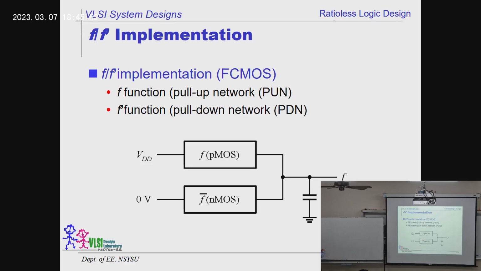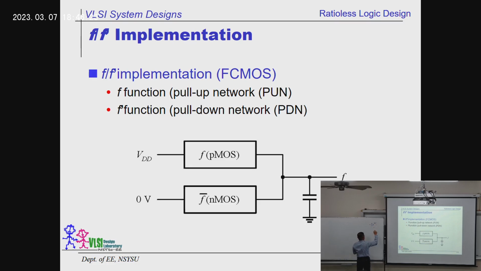We have several simple rules. For example, for an inverter we'd like to have 1 versus 2. Let's assume the size I'm talking about is the width. The width of the P transistor must be twice as large as that of the NMOS transistor, because the mobility of holes is only half or maybe a third of that of electrons.